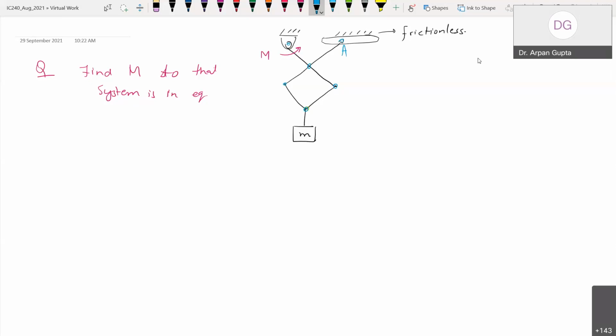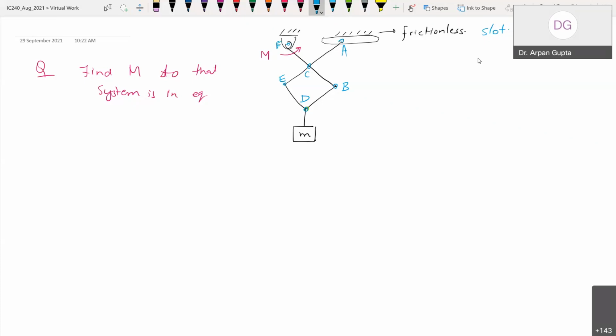So this is a frictionless slot, and inside this slot, this pin A can freely move horizontally. Now this is pin B, C, D, E, and F. So all these pins are frictionless, and they are pin joints. They can freely rotate.